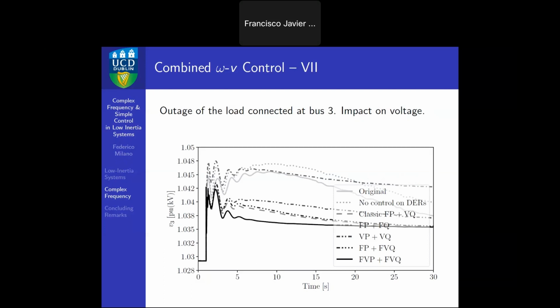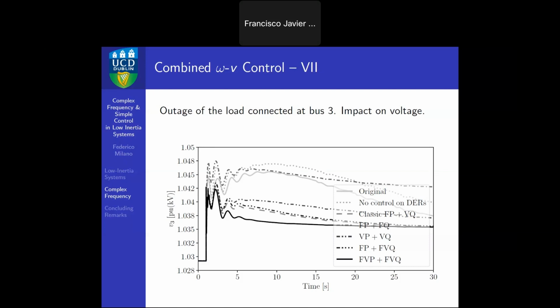Now, I'm showing examples that are particularly good to promote my case, okay? Because there were many simulations where there was almost no difference. But the black line, if it wasn't the best, was equal to the others. So there is no harm in doing the control this way, everything with everything, because it was never worsening the dynamics.